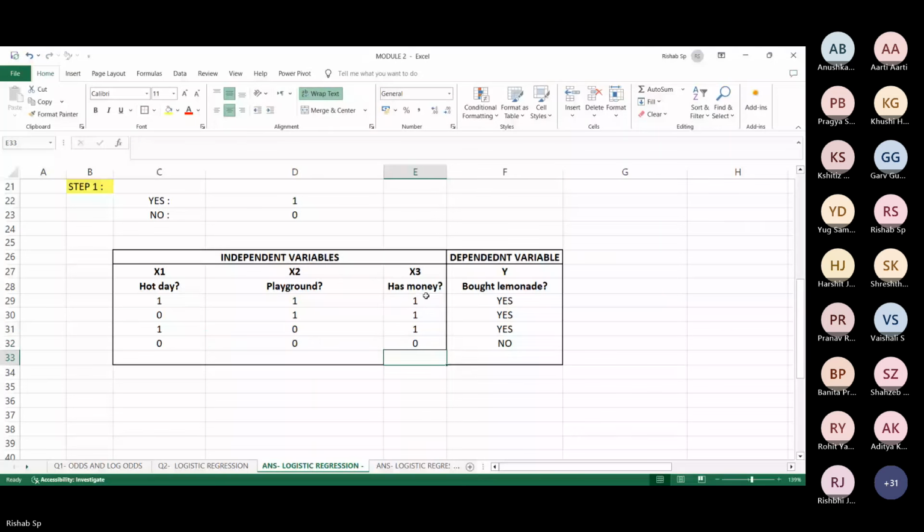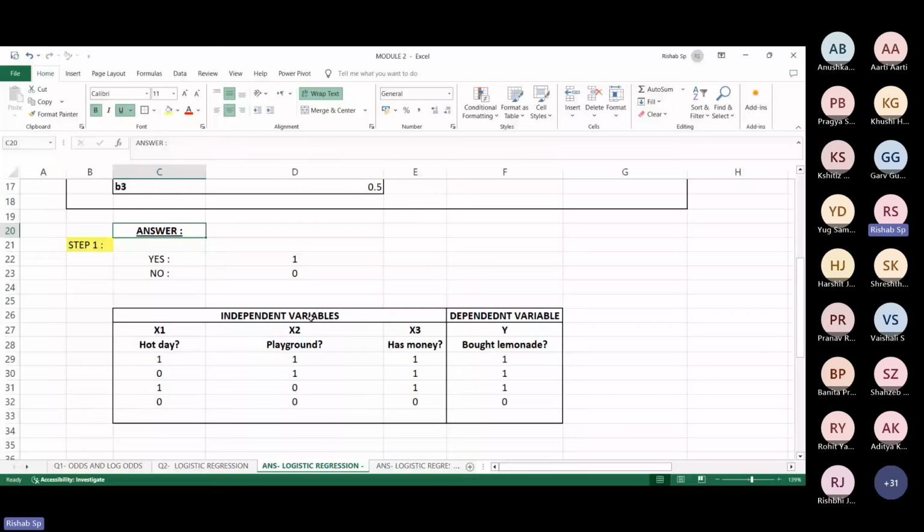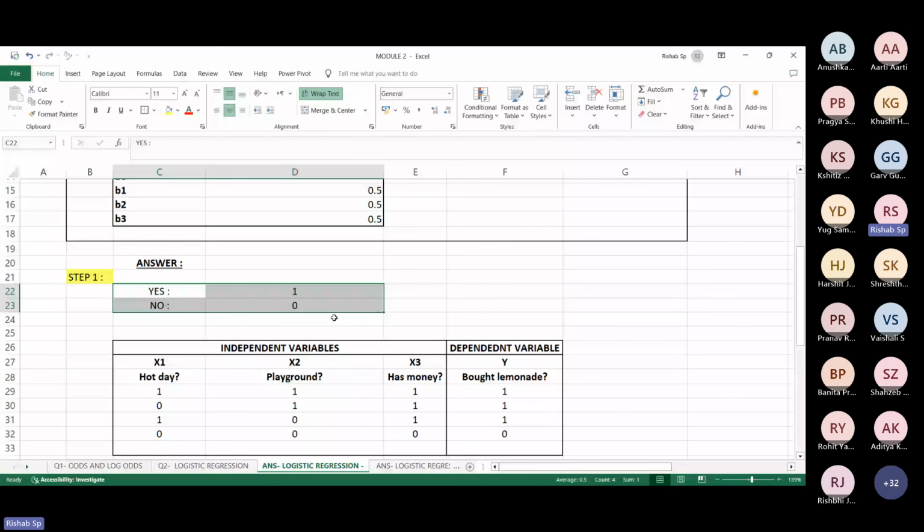Fine. First step solved, right? So we converted this into numerical form. We got this, right? Next, what's the step?